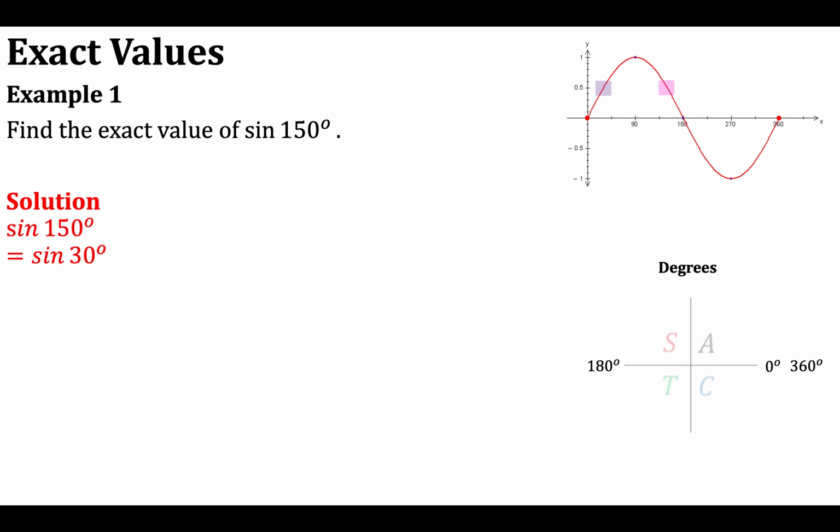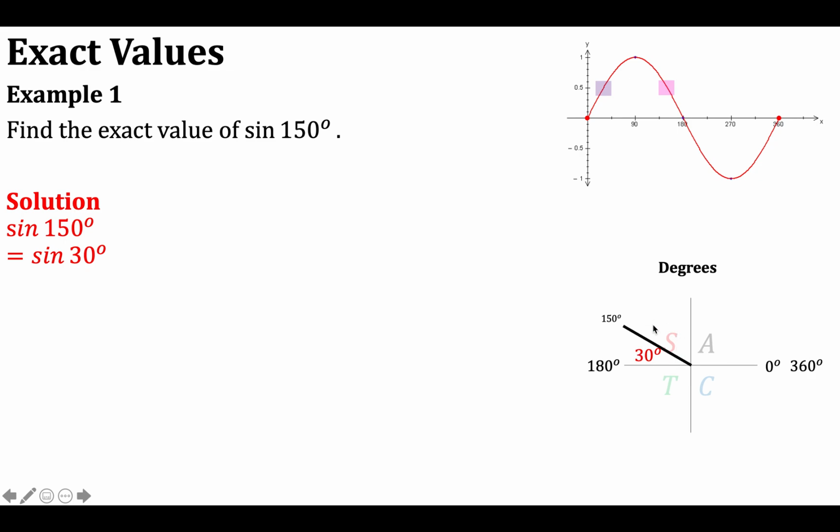But just in case you're not very sure of the graphs, let's look at it using the cast diagram as well. Starting at 0 and measuring round 150 degrees brings us to around here approximately. Now, using the cast diagram, I'm always going from the horizontal. So how far from the horizontal is 150 degrees? That is 30 degrees.